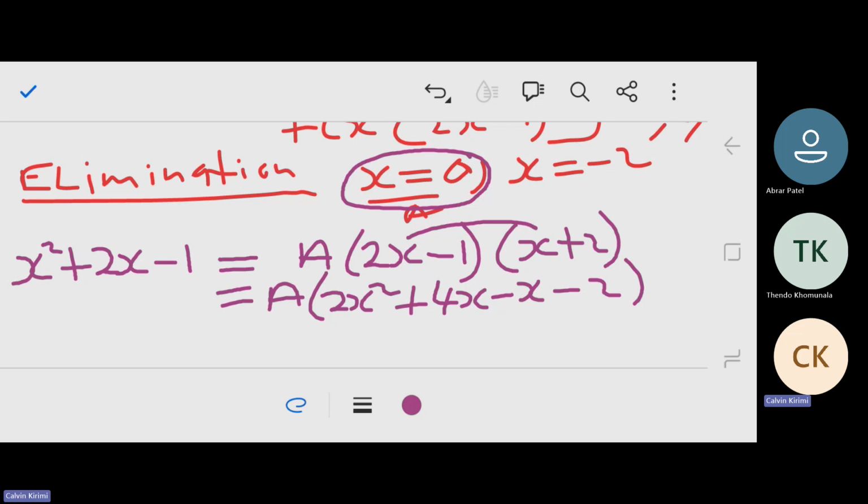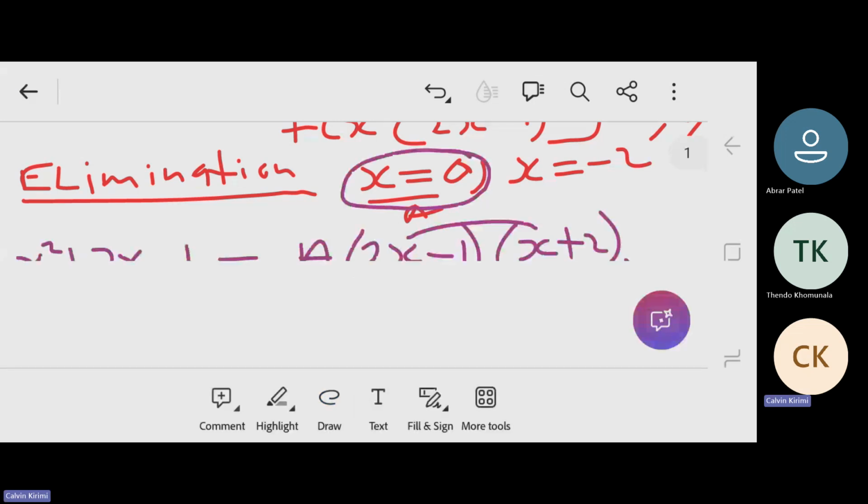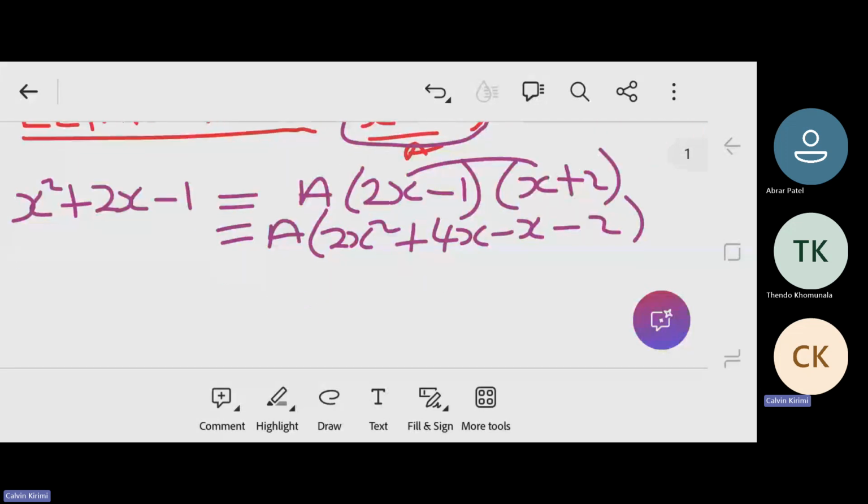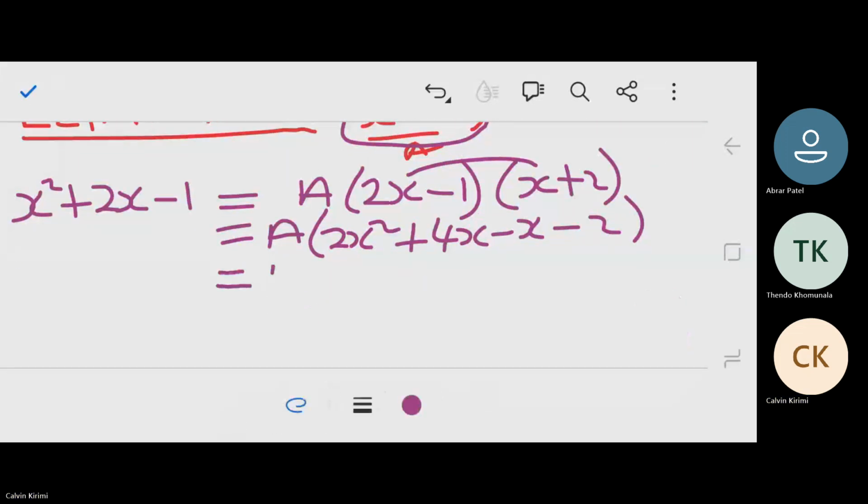So if we expand it there, we are going to find that A bracket 2x squared plus 3x minus 2 is equal to that. So we are going to equate the coefficients in the x squared.